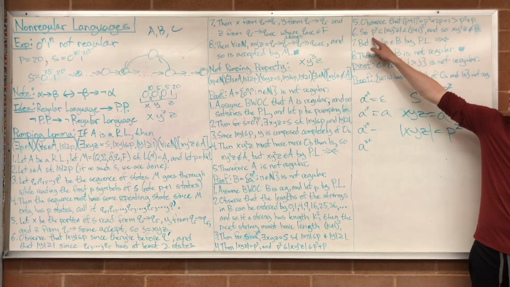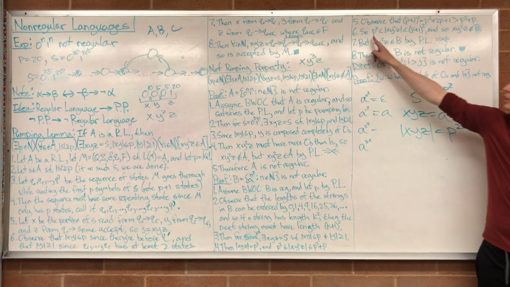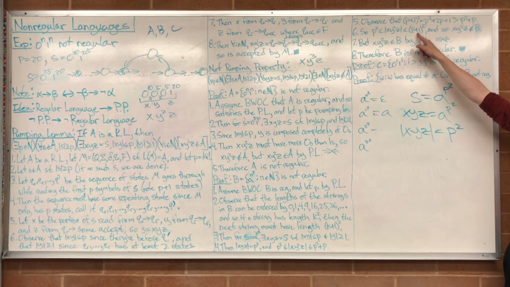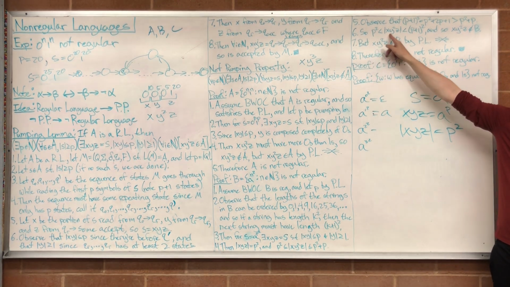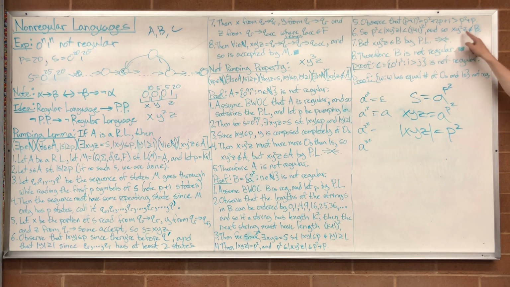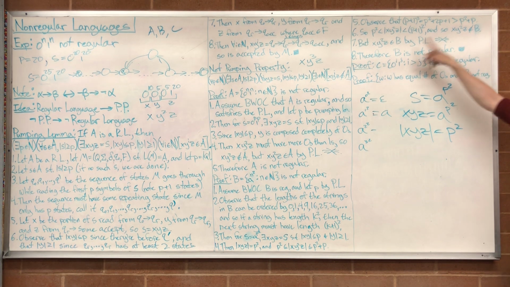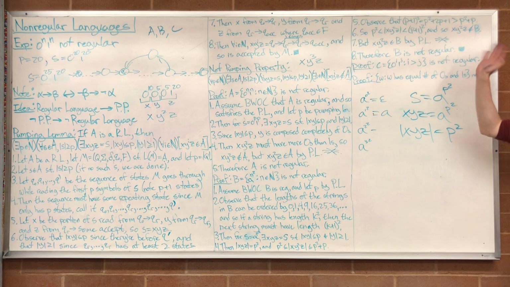So if there's a string with length P squared, the next string has to have length P plus 1 squared. Here's a string that has a length somewhere in between. And so XYYZ is not in the language B. But by the pumping lemma, XYYZ is in the language. Contradiction. Therefore, our assumption that B is regular was false. Therefore, B is not regular. Make sense?